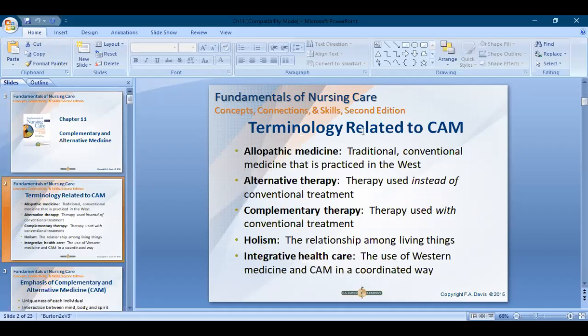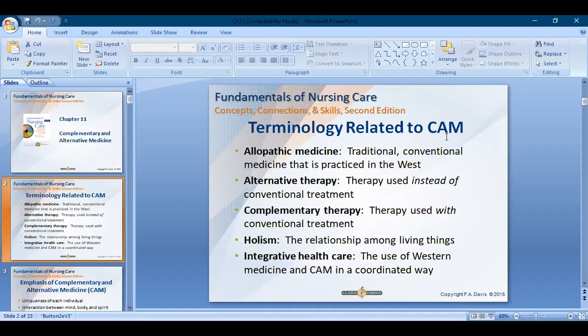So now some medical terminology related to CAM. CAM means complementary and alternative medicine. What are the different branches? One is allopathic medicine, then alternative therapy, complementary therapy, holism or holistic therapy, and also integrative health care.